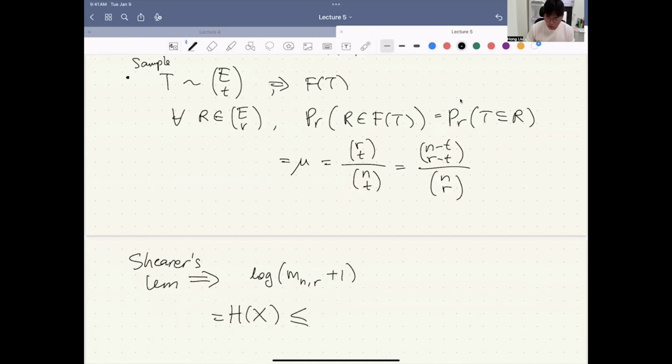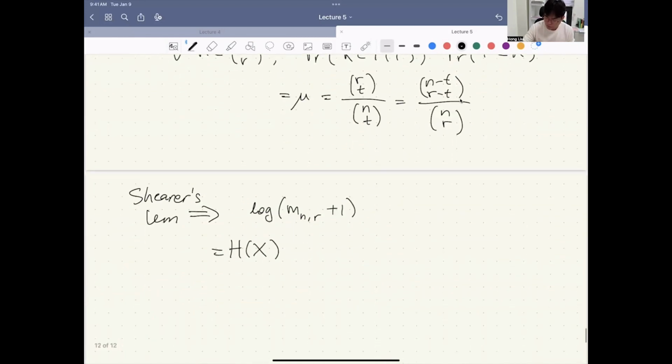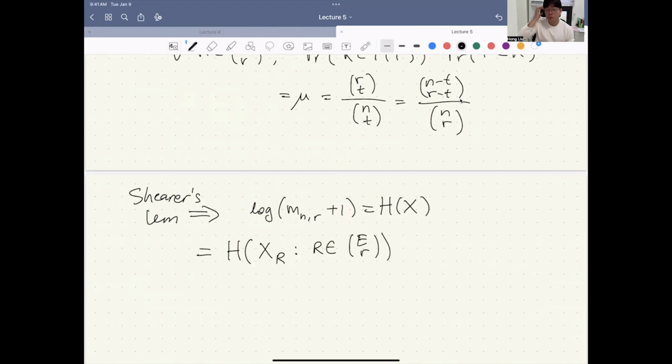It is at most, which equals H of X_R, R in E choose R, written in vector form.